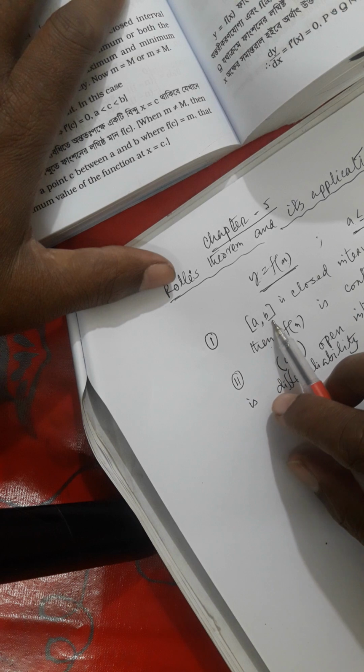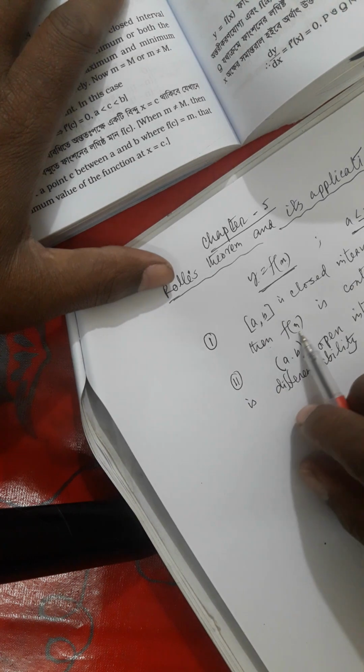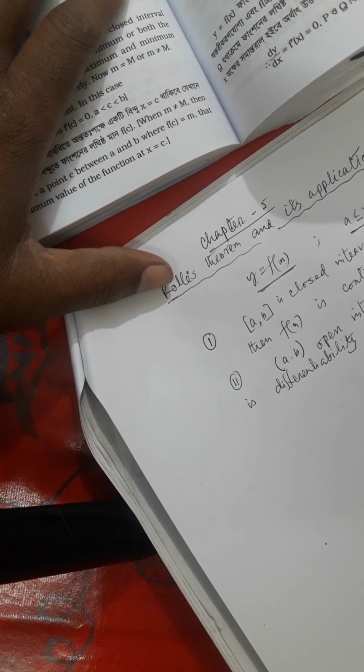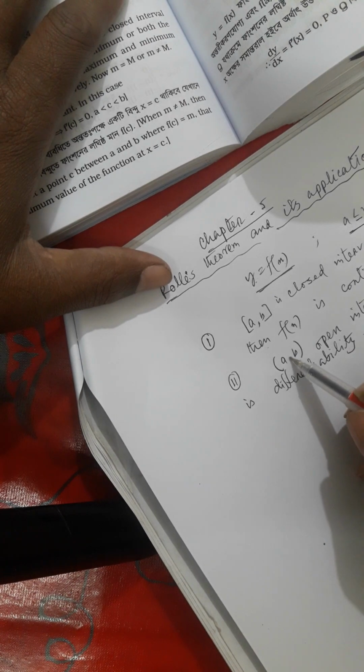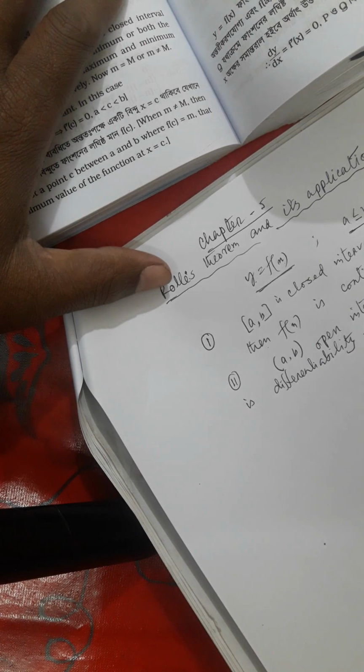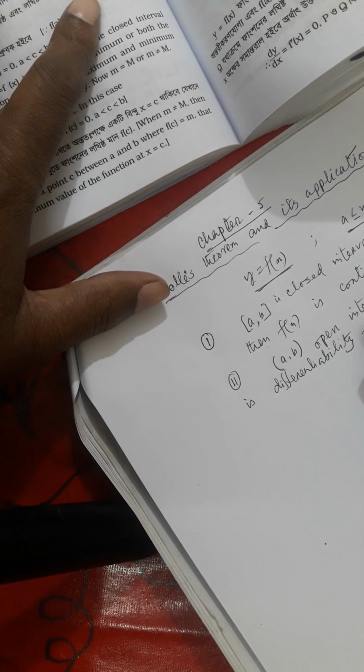Firstly, a b is the closed interval, then f of x function is continuity. Secondly, a b open interval, then the above function is differentiability.